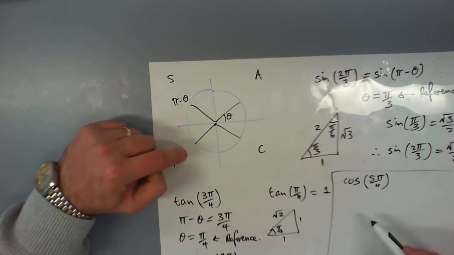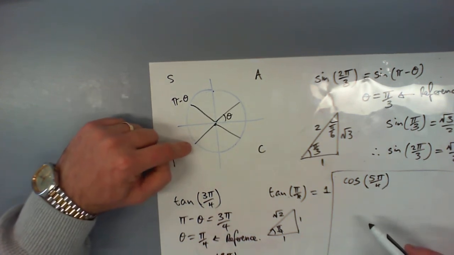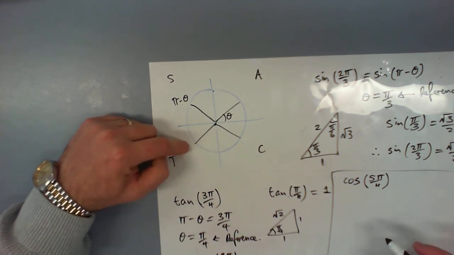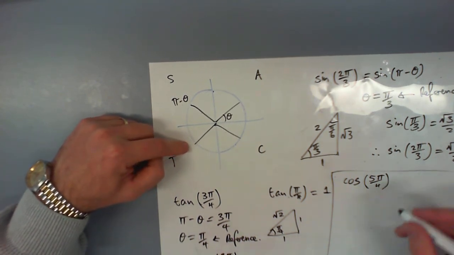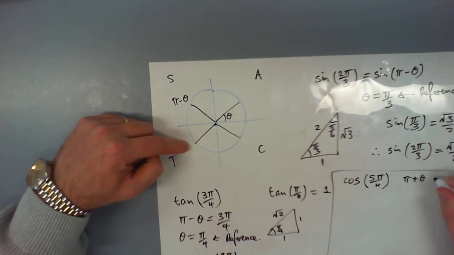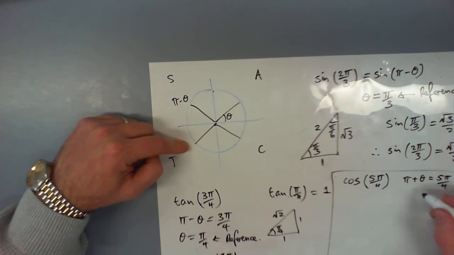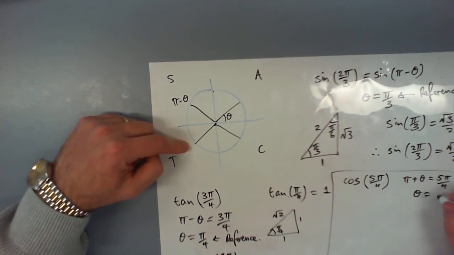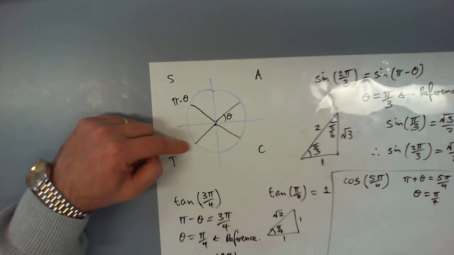So it's going to put us in the third quadrant here. In our third quadrant, we get our angle by going pi plus theta equals 5 pi on 4. So if we take away pi, we get theta is equal to pi on 4 again.